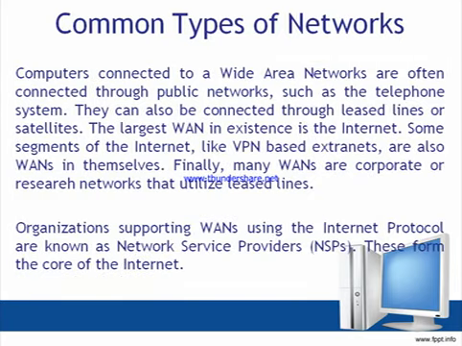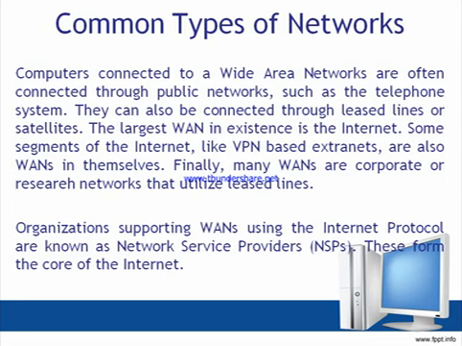Computers connected to a wide area network are often connected through public networks, such as the telephone system. They can also be connected through leased lines or satellites. The largest WAN in existence is the Internet. Some segments of the Internet, like VPN-based extents, are also WANs in themselves.